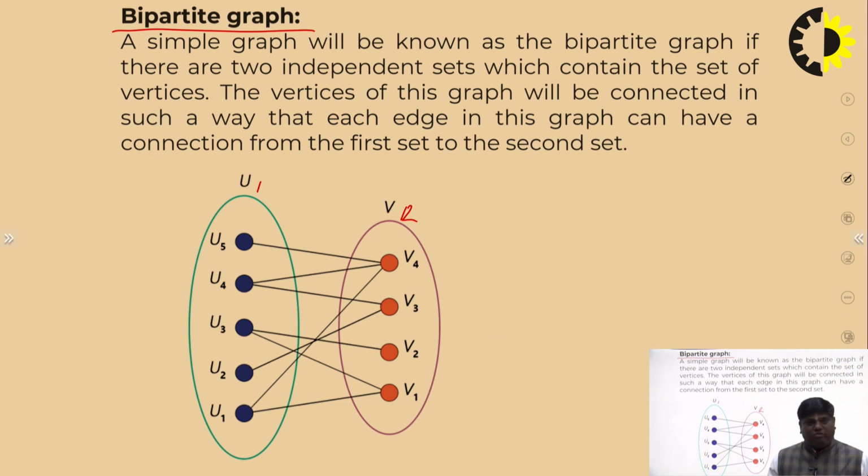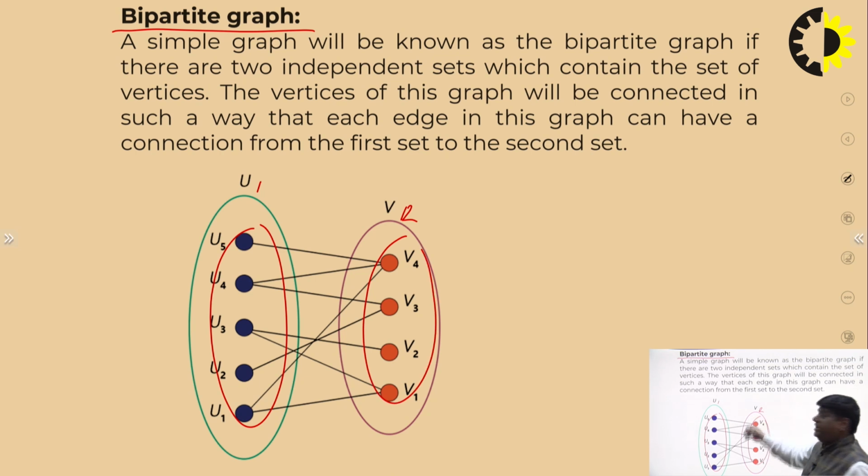The nodes of the graph are partitioned into two parts, part 1 and part 2, in such a way that the start point of an edge is from one set and the end point is from the second set.